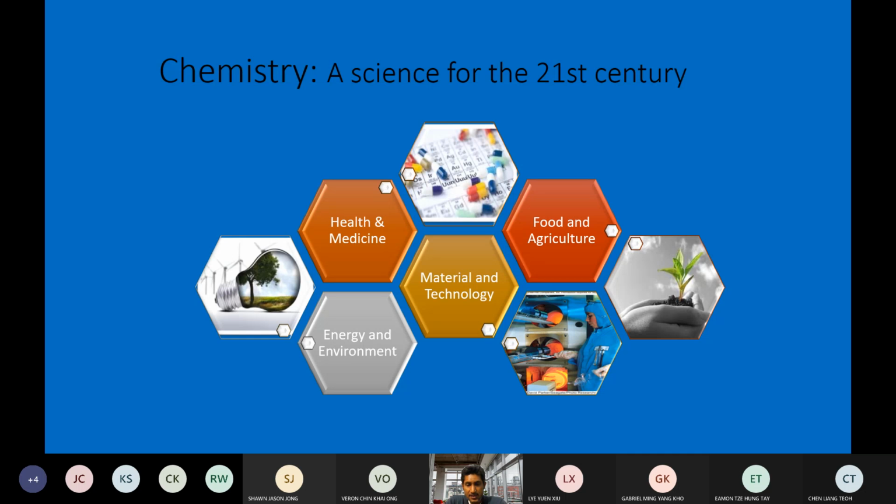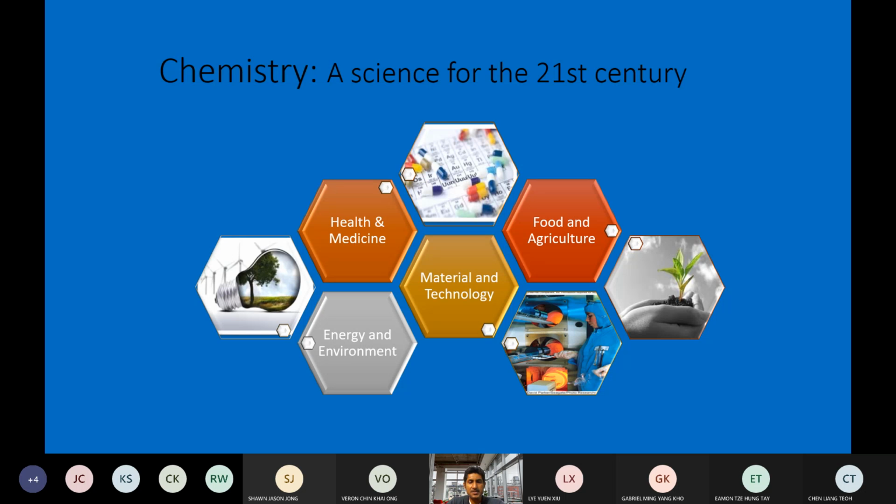So that is why chemical knowledge is very important for us to understand, at least the basics, so that we will not be left out, wondering where the world is going, right? It is so obvious that we don't need to talk in detail. We understand food and health and medicine are very much related to chemistry. Now energy and environment.